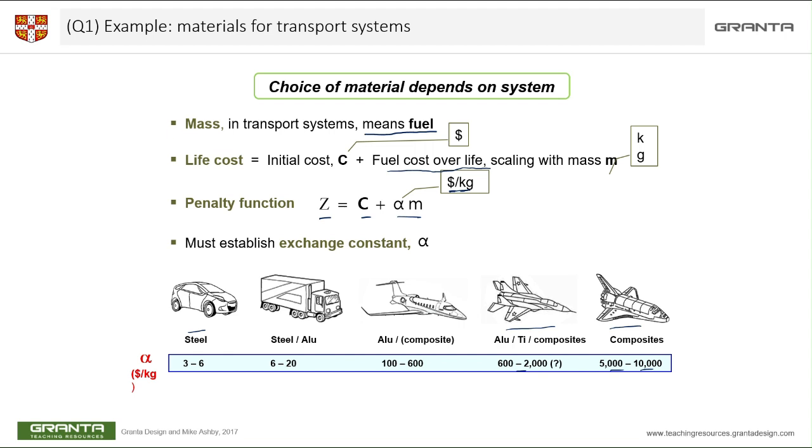So your life cost will be some initial cost which will be related to the choice of material that you're making and how much mass you are reducing, but then there will also be a fuel cost related with mass, in terms of the kilogram that you will save for every run of that vehicle or transport system. The penalty function, of course, is again being described in the same way, in terms of dollars per kilogram.